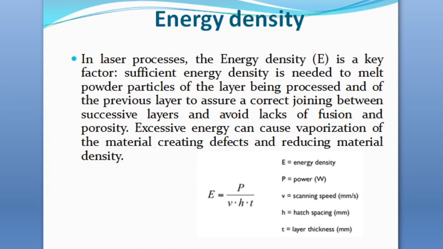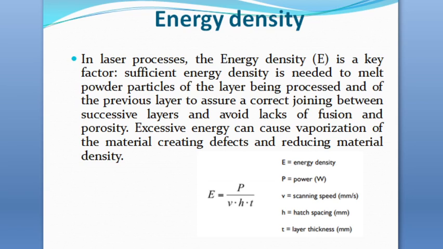The energy density formula is E equals P divided by V H T. Here P is the laser power, V is the laser scanning speed in mm per second, H is the hatch spacing, and T is the layer thickness. This is the energy density for the laser.